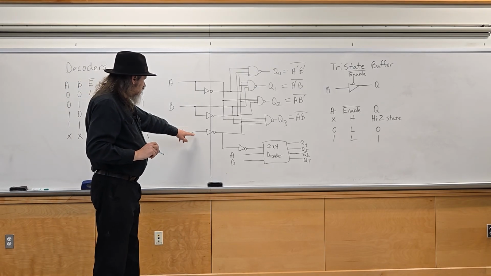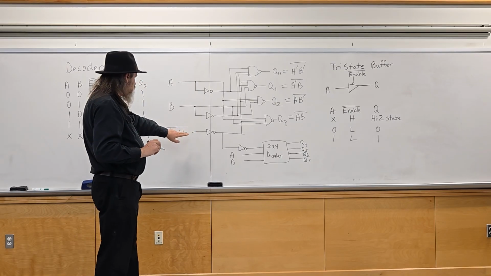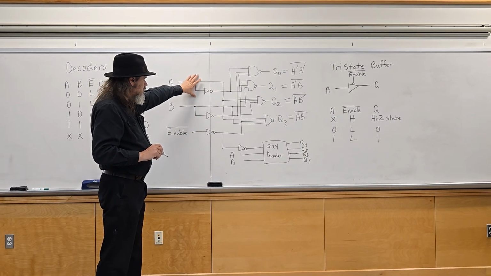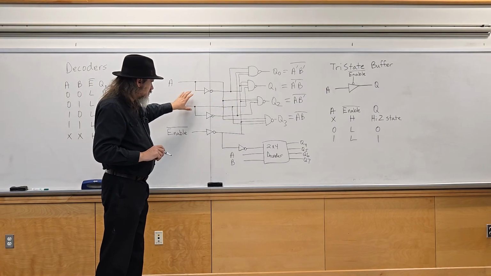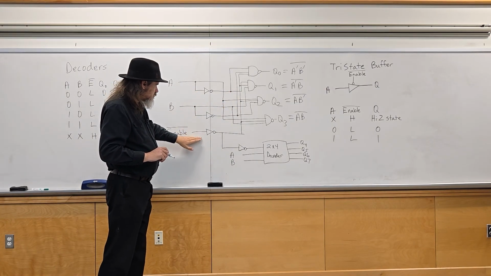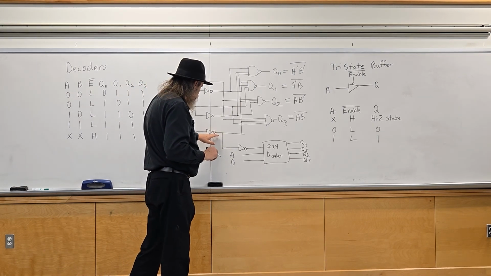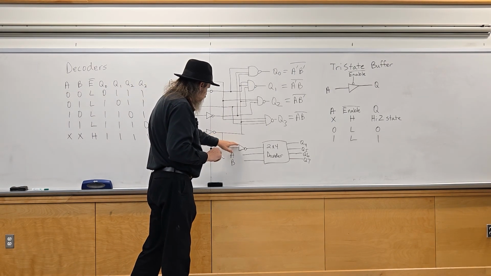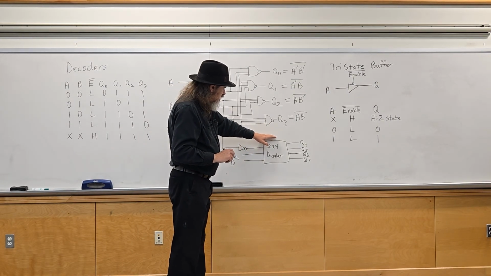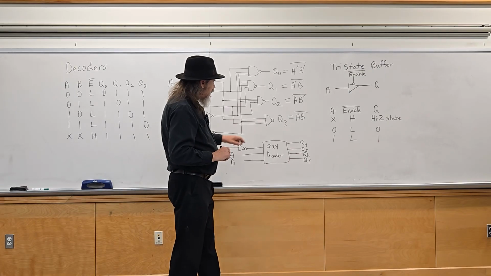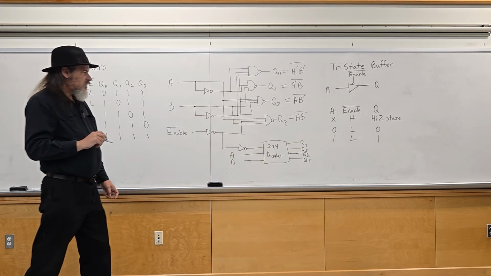When this is low, the output will be valid on the upper 4. When this is high, low and then high and then low again, it would enable this decoder and have one of these 4 be active.